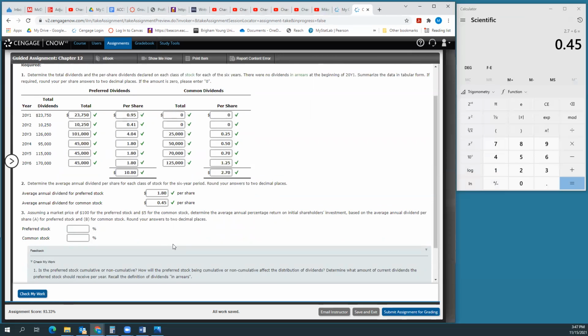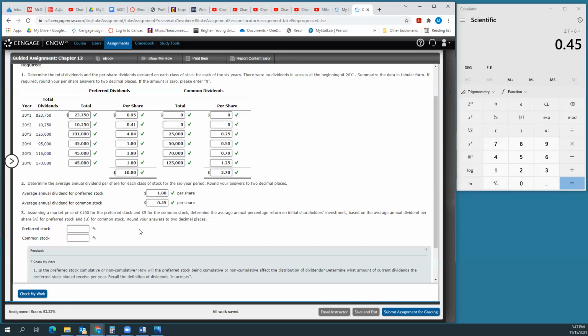And then our preferred stock, it says, assuming a market price of $100 for the preferred stock and $5 for the common stock, determine the average annual percentage return on initial shareholder investment based on the average annual dividend per share for the preferred stock and for the common stock.